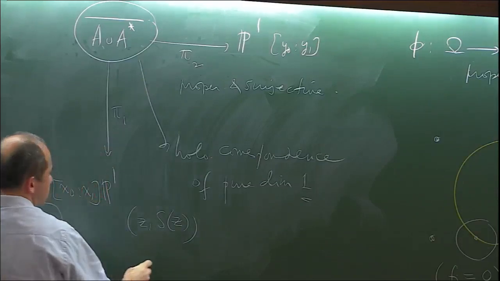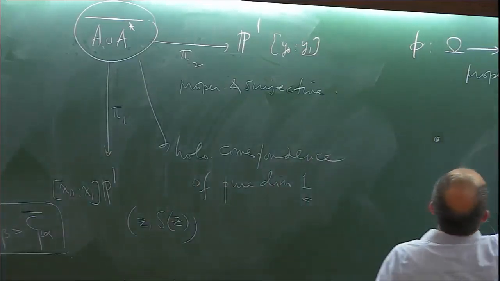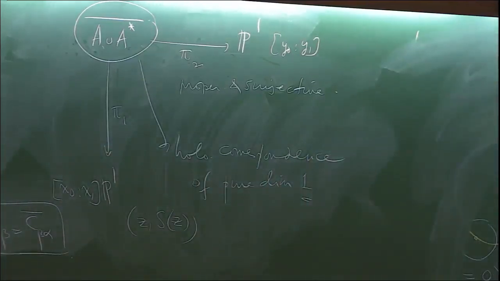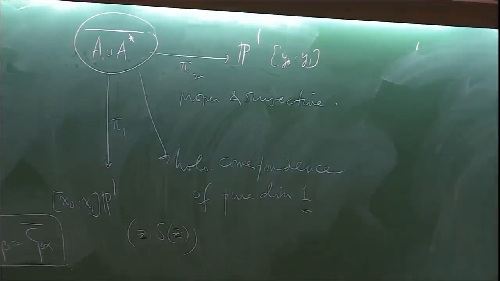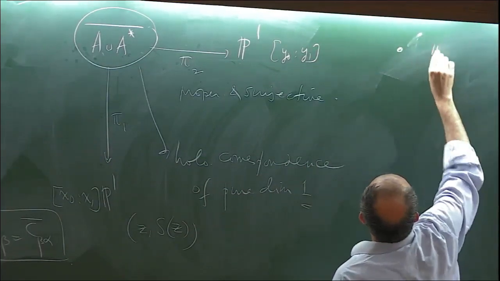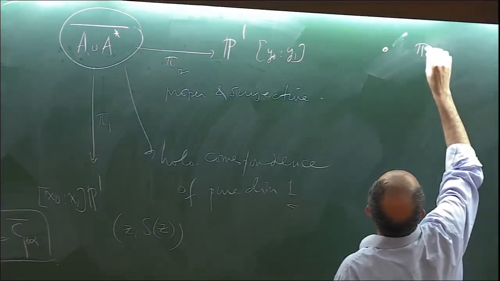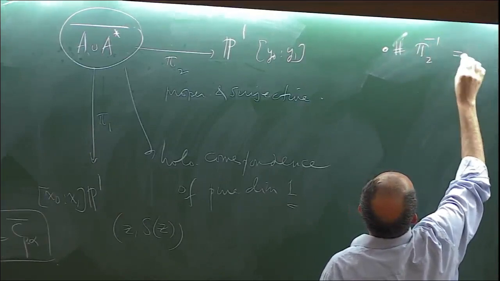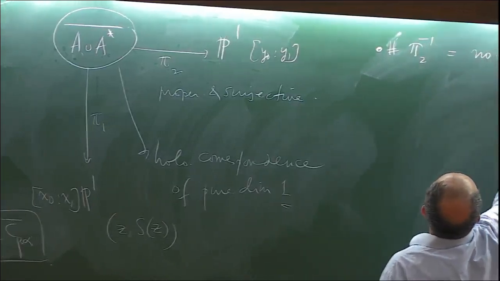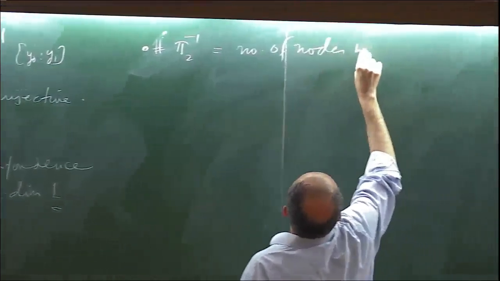So let's write this down. So observe: pi 2, cardinality of pi 2 inverse is the number of nodes with multiplicity.